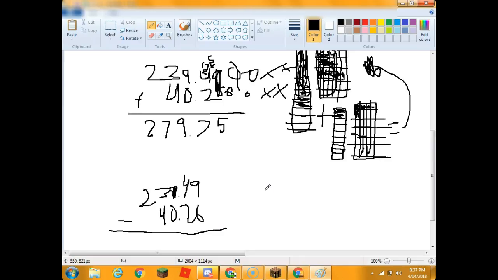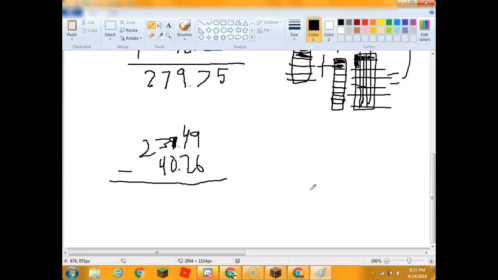So then you do 9 minus 6 equals 3. And you do 4 minus 2, which is 6. And you do 9 minus 0, which is 9.